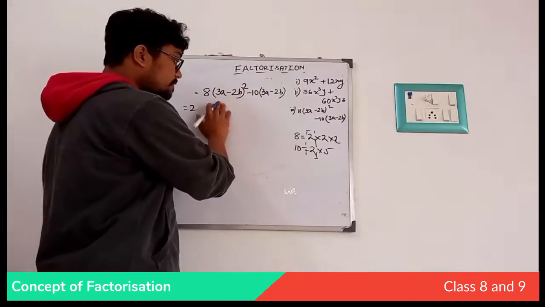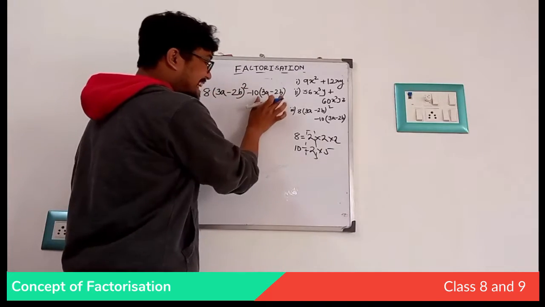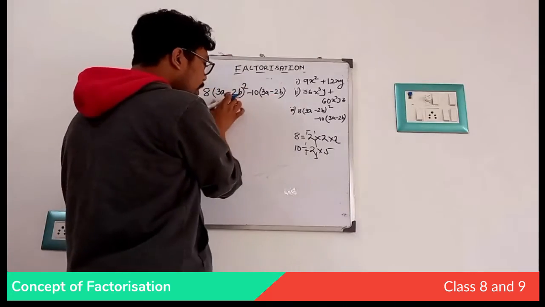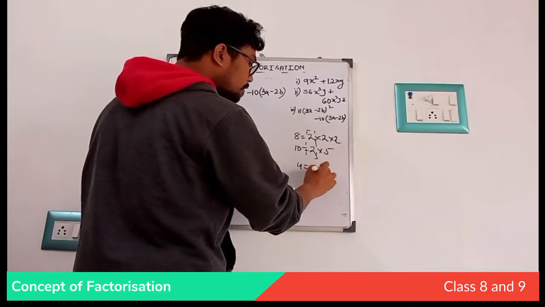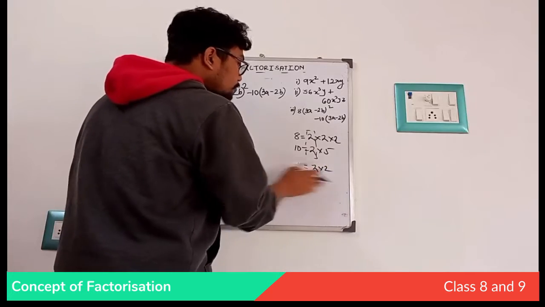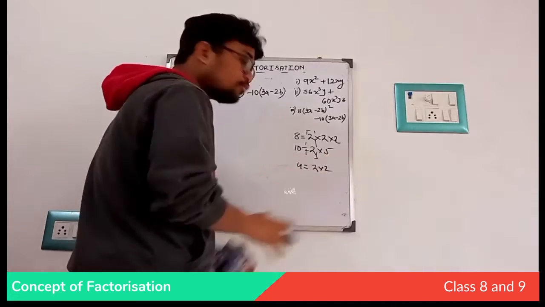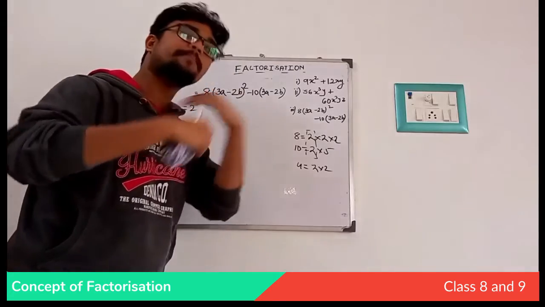And now listen very carefully. Here (3a minus 2b) whole square is present, and here 3a minus 2b is present. So suppose if I write 4, what can I write? 2 into 2. Is it not? So 4 can be written as 2 into 2. So a square term can be written as multiplied by itself.